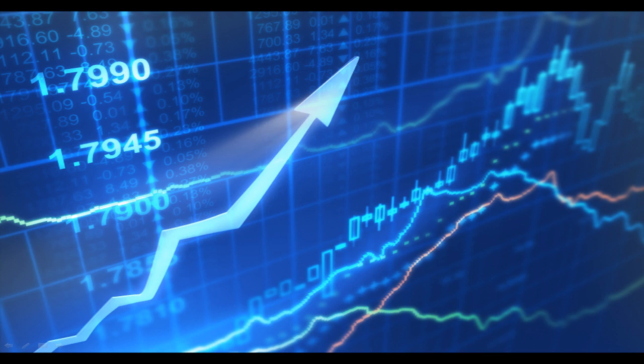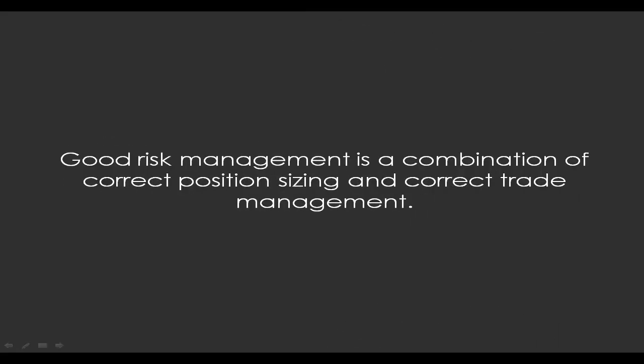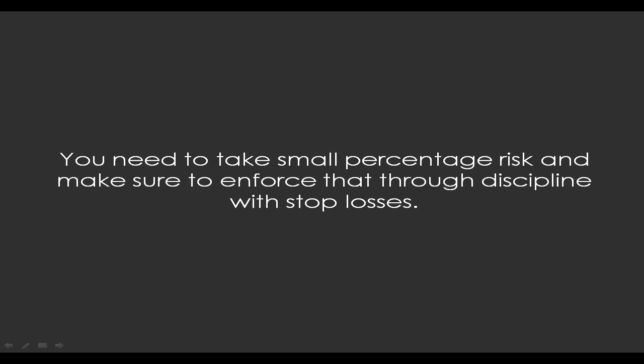And so, what have we learned so far about risk management? Well, we've learned that good risk management is a combination of correct position sizing and correct trade management. Now, for the position sizing part, you need to take small percentage risk, right?